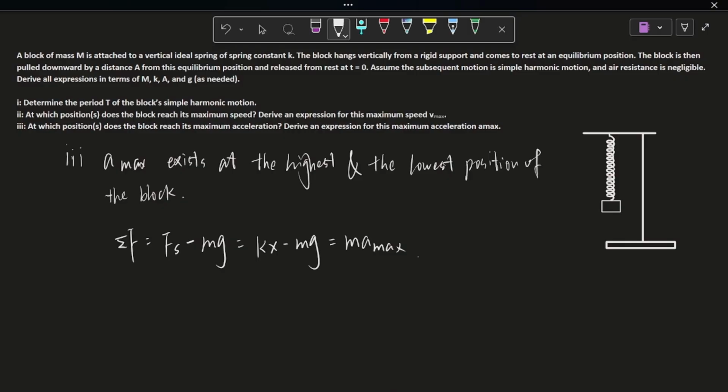And we can easily get our expression for a max, which will be k times the distance that the spring has been stretched or compressed, which is A, over m, minus g. And that is equal to your a max.